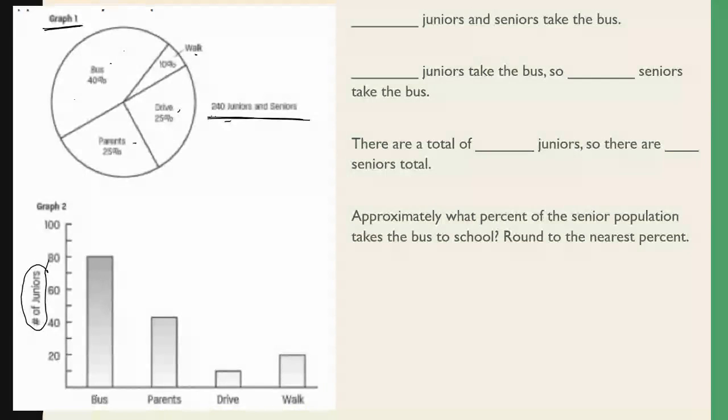So first one, blank juniors and seniors take the bus. So the question is, how many juniors and seniors take the bus? Well, we know it's 40% of the 240 students, the 240 juniors and seniors total. We want to figure out how many of them take the bus. When we multiply that, we get 96.